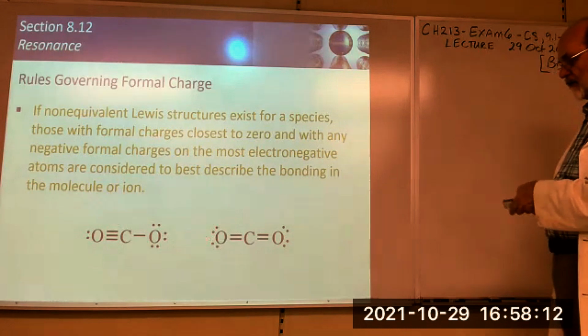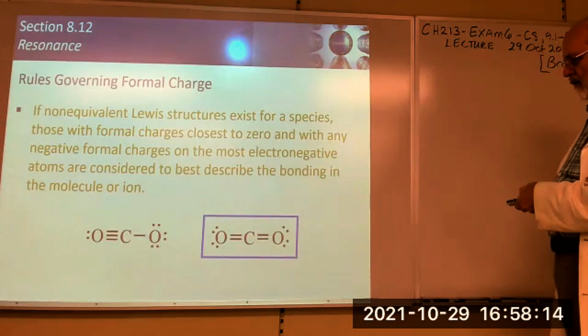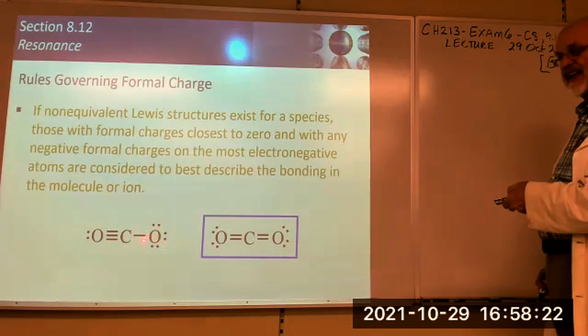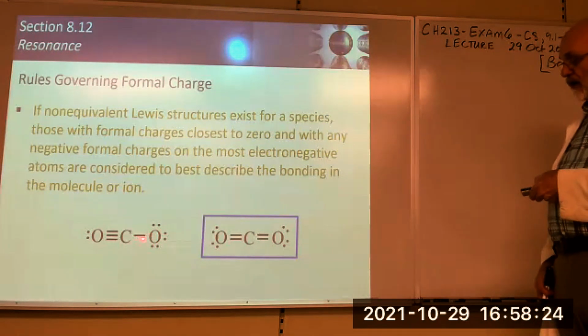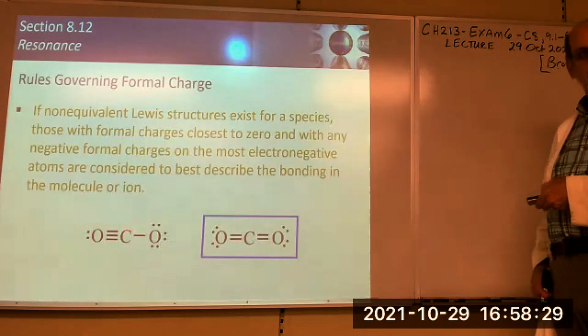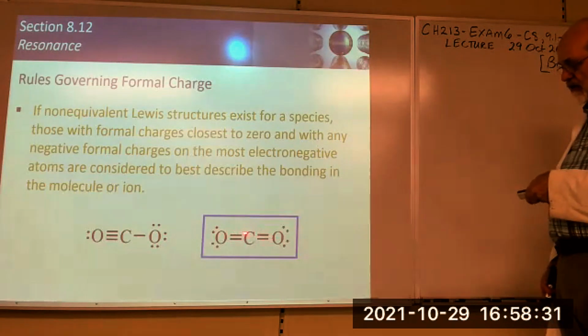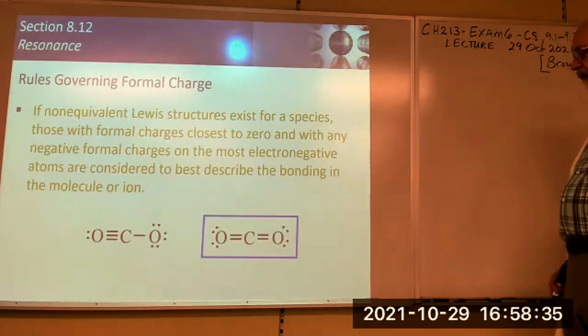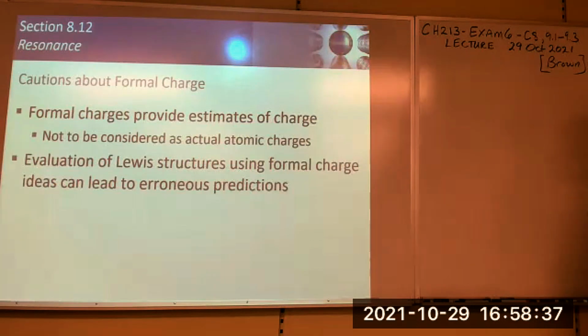So is this one. So which one's valid? Well, this one's all zeros. And in this one oxygen has 6, and now it has 2467, so it's got a -1, and this one's probably a +1, and this one will still be a 0. So this one's better because they're all zeros and they're not negative and positive.